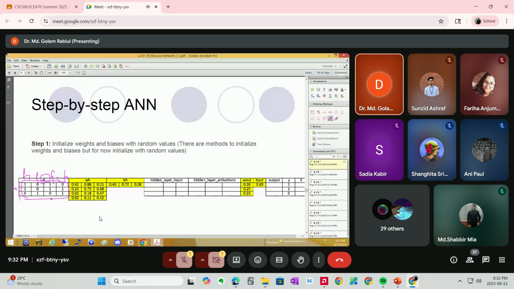How batch processing works, we will discuss in our next class.